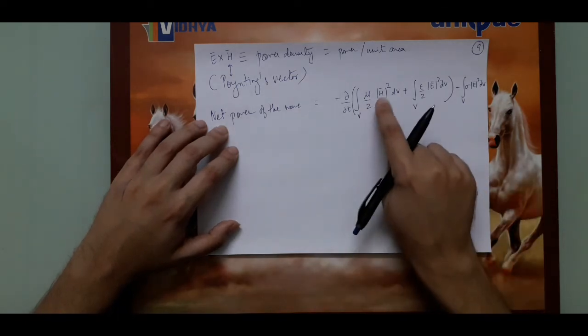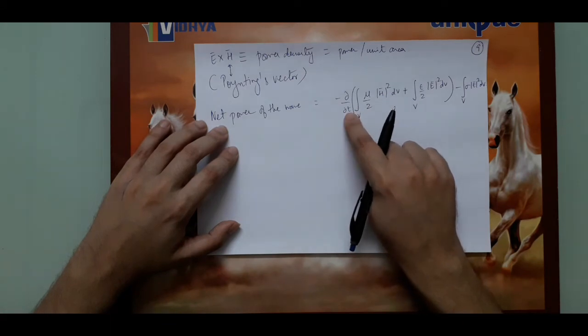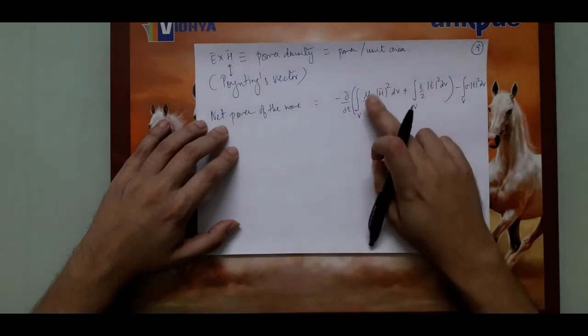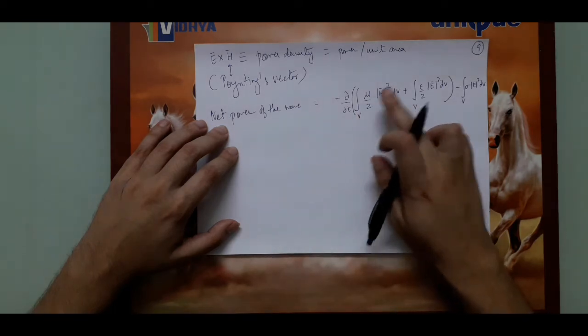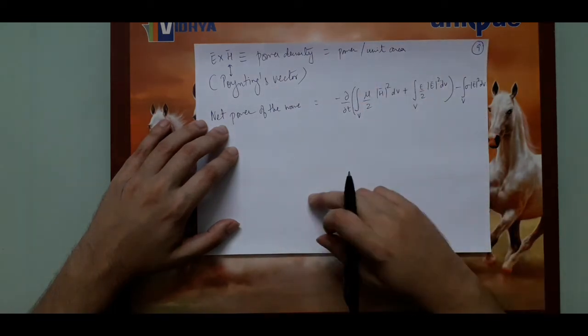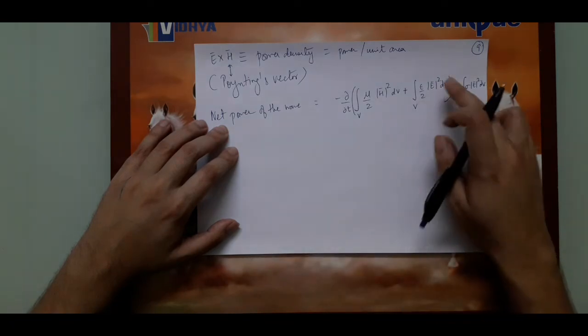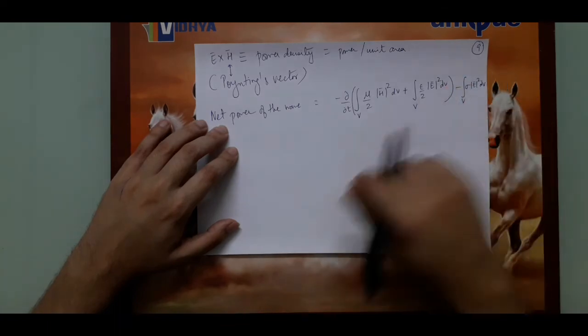If you look at the dimension, it is nothing but a time differential of the energy. If you look at the quantities mu and H, this product over the volume indicates energy. This is the magnetic energy, and this is the electric energy.